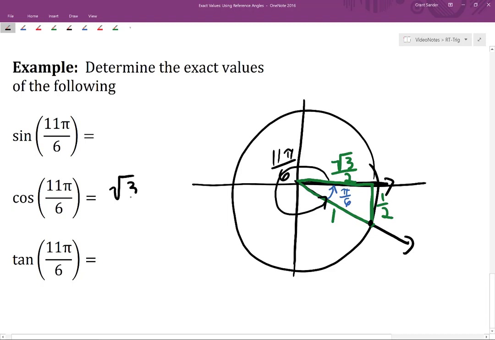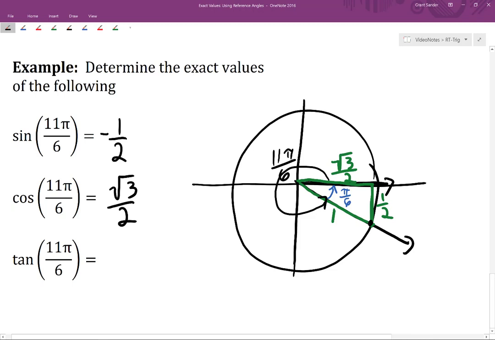So we have square root of 3 divided by 2. Sine of 11 pi divided by 6 will be related to 1/2. We're looking at the vertical component, but in this case we have a negative 1/2 because the terminal point is below the center of the circle. So sine of 11 pi divided by 6 is equal to negative 1/2.